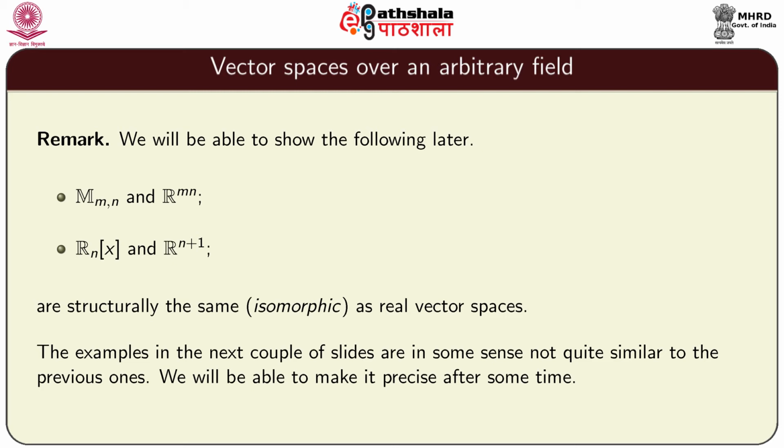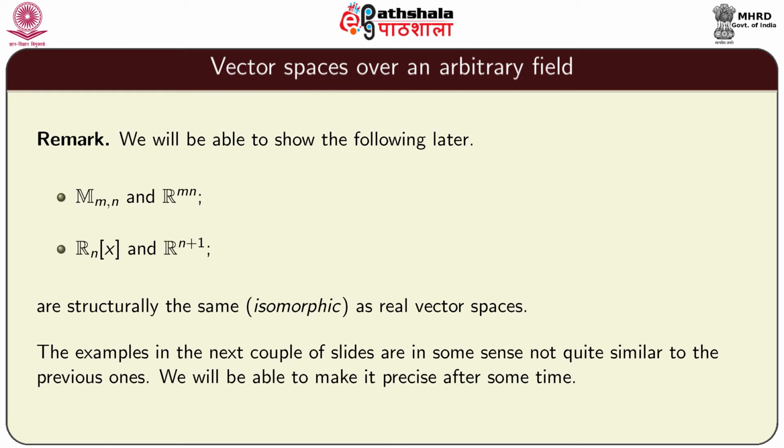Similarly, Rn[x], that is the real vector space of polynomials up to degree n, and R to the power n plus 1, that means the collection of all real n plus 1 tuples, are again structurally the same, or isomorphic as real vector spaces. So, you have to wait for the formal definition of isomorphism, but you can sort of make a guess why we call them structurally the same.